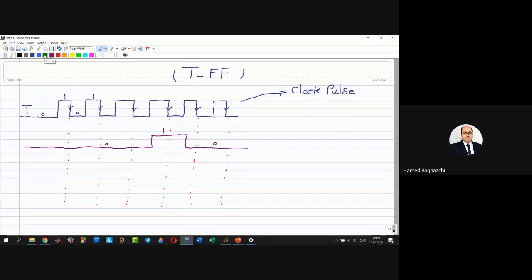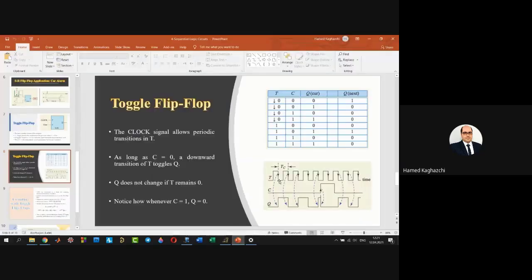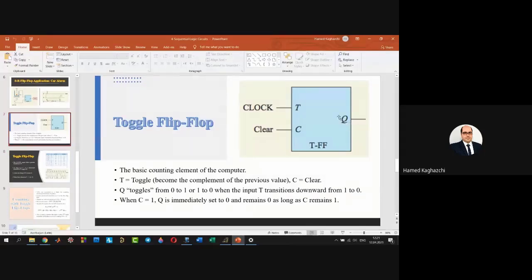Now look at here, I want to know how my output will change, how my Q is changed.